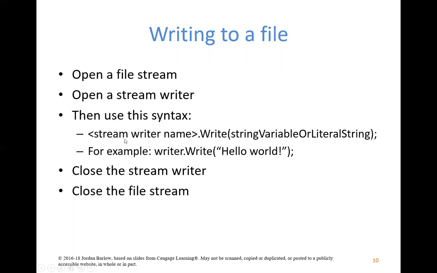Then you can use this syntax, the name of the stream writer .Write, and this StreamWriter.Write method works the same as the WriteLine method in our console-based applications from the beginning of the term, such that inside the parentheses you can put a string variable or a literal string or a concatenation of strings. And then when you're done, you close the stream writer and then close the file stream. So in the opposite order.